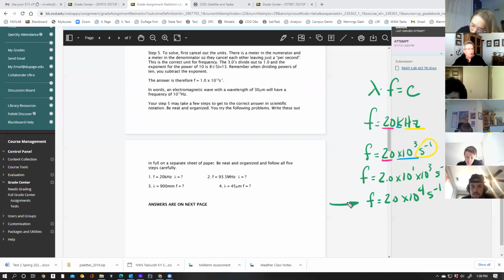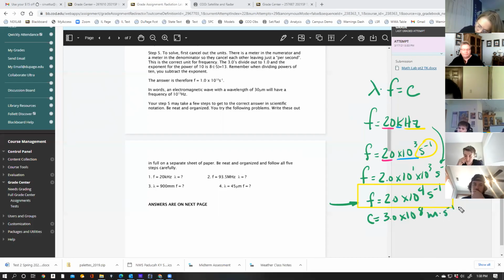This is what you have been given in scientific notation. So I should see that step. I should see the working out of this, and then maybe, if you want to do things right, circle it, or put a box around it. But what else do you know in scientific notation? You also know C equals 3.0 times 10 to the 8th meters per second.